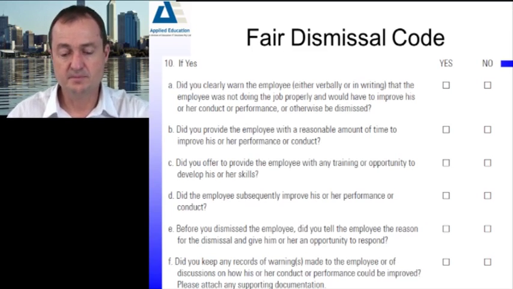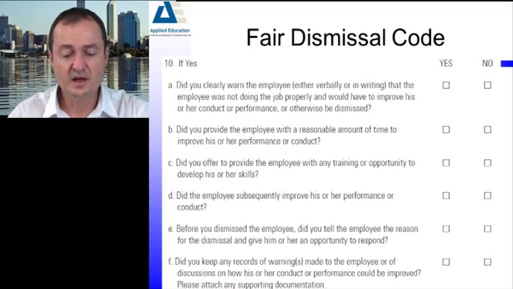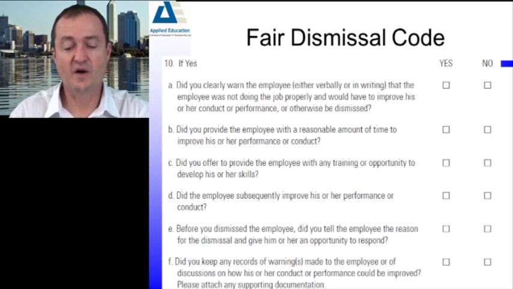The employee must be given the reason for the dismissal and an opportunity to respond. Also, you need to keep records of any warnings made and the discussions about performance.